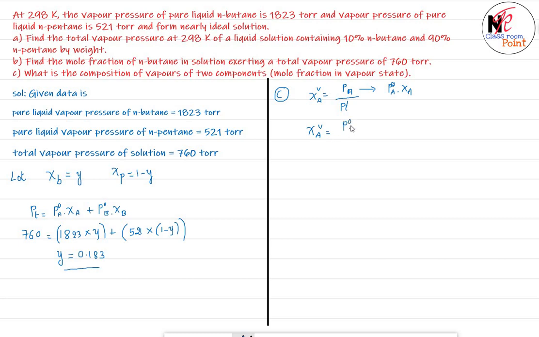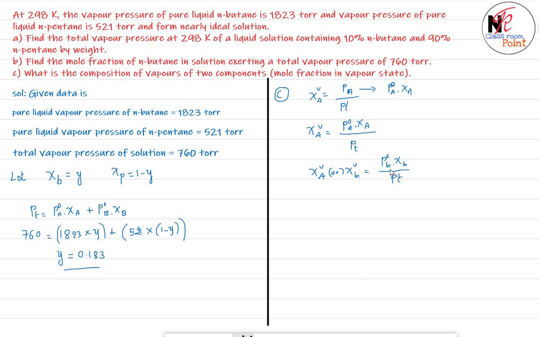The mole fraction of A in the vapor state becomes P naught A XA divided by the total pressure. In the earlier part we have already got all the information. Let us consider the mole fraction of A in the vapor state as the mole fraction of butane. The mole fraction of butane in the vapor state equals the pure vapor pressure of butane into its mole fraction, divided by the total pressure of the solution.